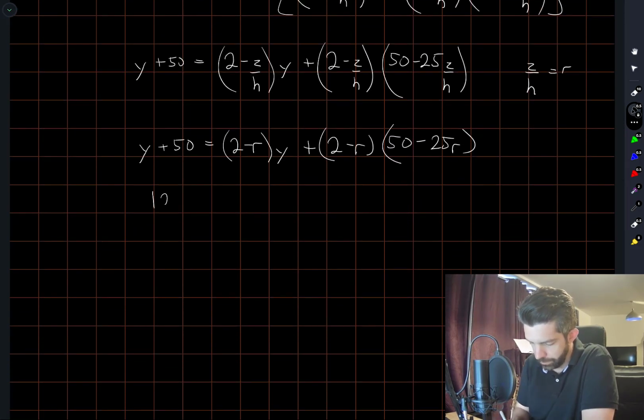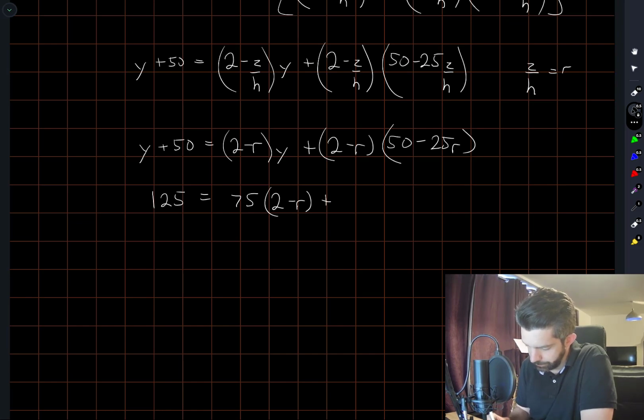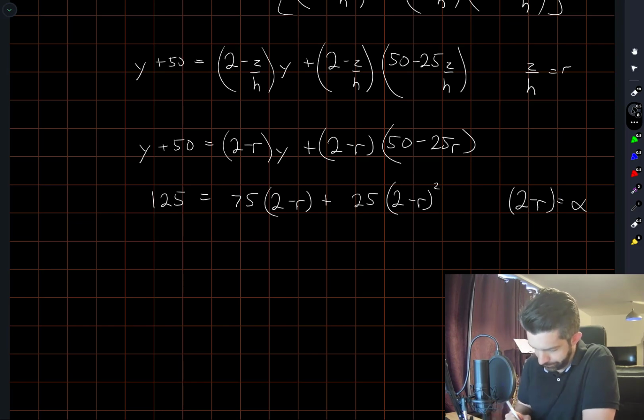Okay, so 125 is equal to 75 times 2 minus r, plus 25 times 2 minus r squared. Let 2 minus r be alpha. I can divide everything by 25 here: 5 is equal to 3 alpha plus alpha squared.